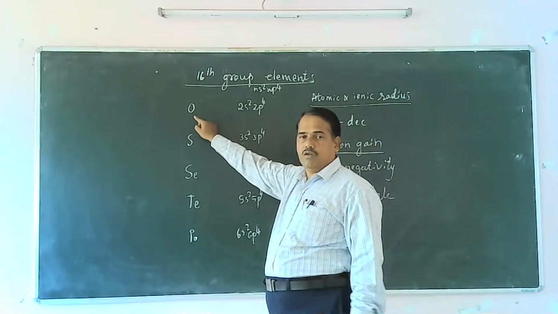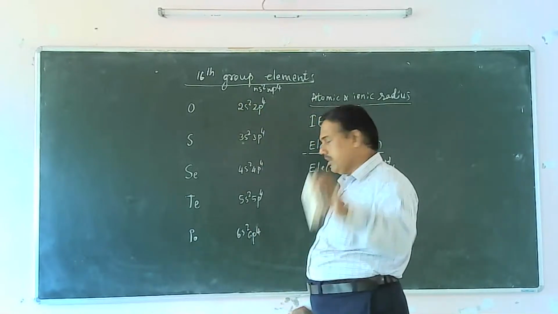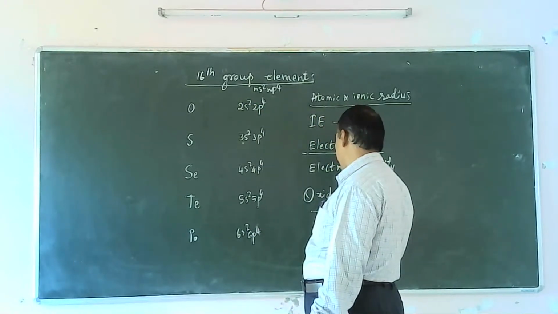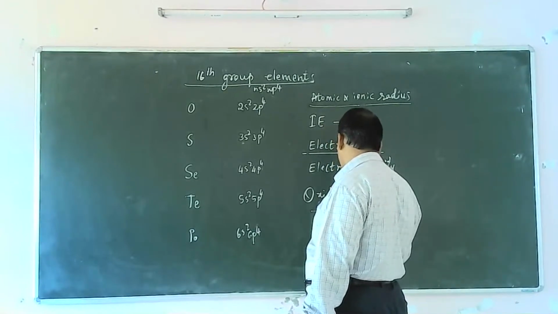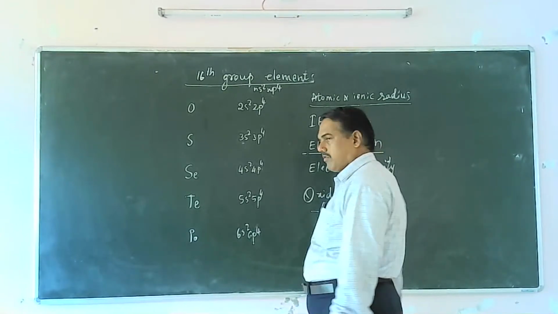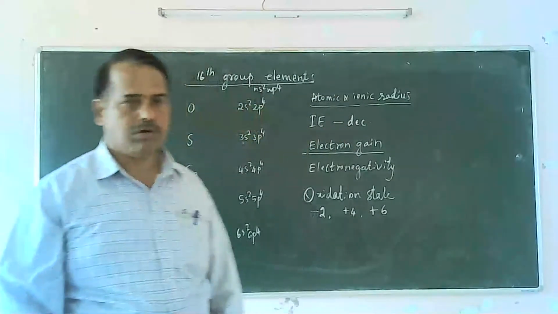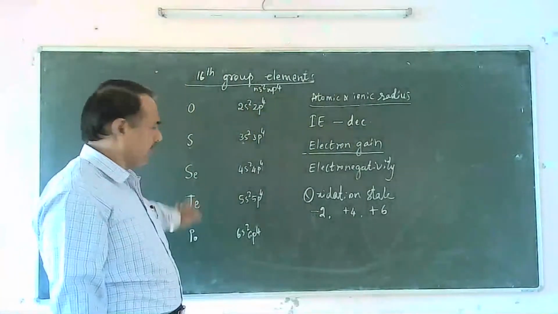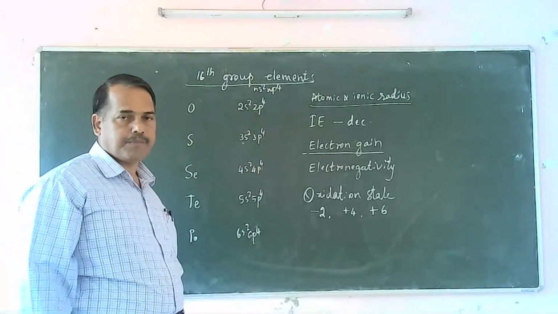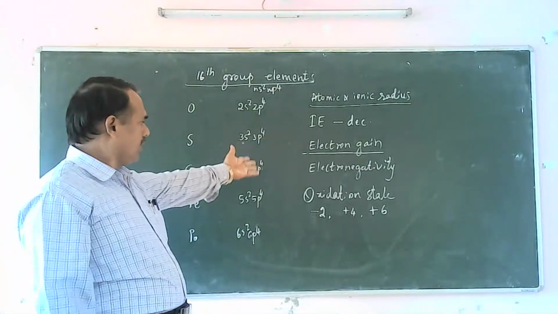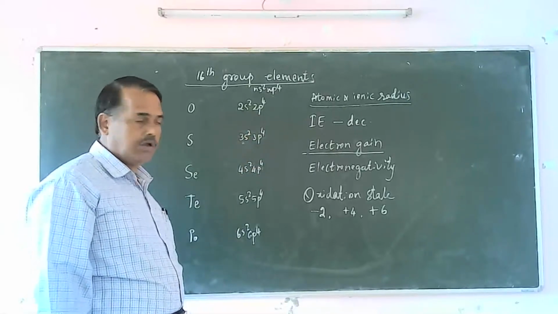All these group 16 elements generally show the oxidation state -2, then +4 and +6. As you come down, the positive oxidation state is favored. Again, it is due to electronegativity and electron gain enthalpy.